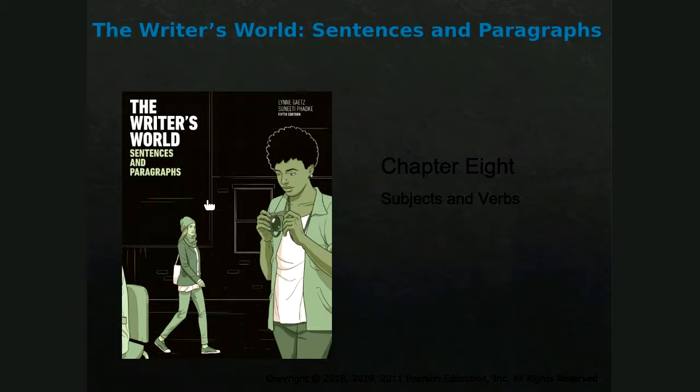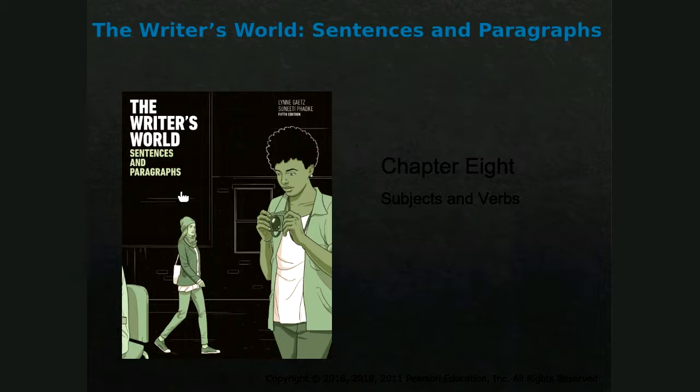I posted a video in the lessons folder in Blackboard, and I also have instructions and information in the announcements page, the first place on our Blackboard. If you go down on the announcements, you'll see information about how to get this book.